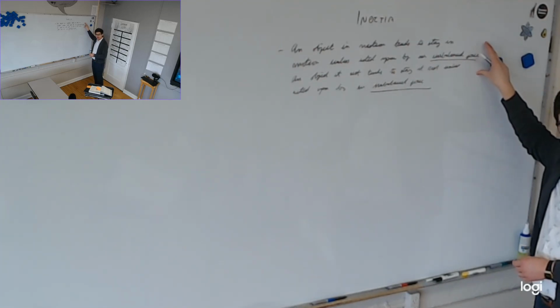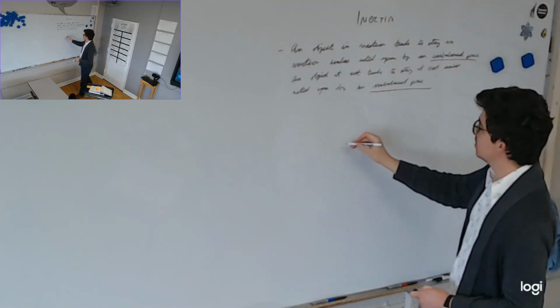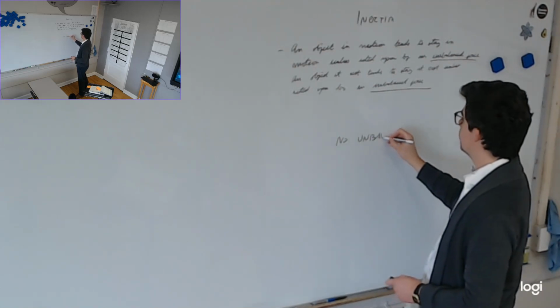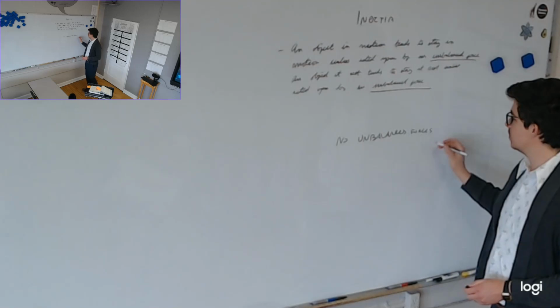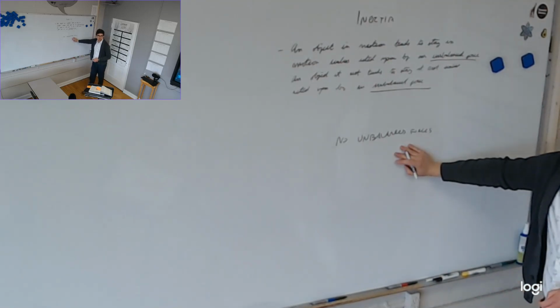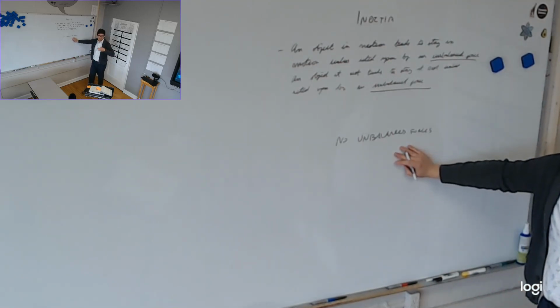So if there are no unbalanced forces acting on an object, let's do this. No unbalanced forces. How else could I phrase that? It could be no forces, or it could be only balanced forces.